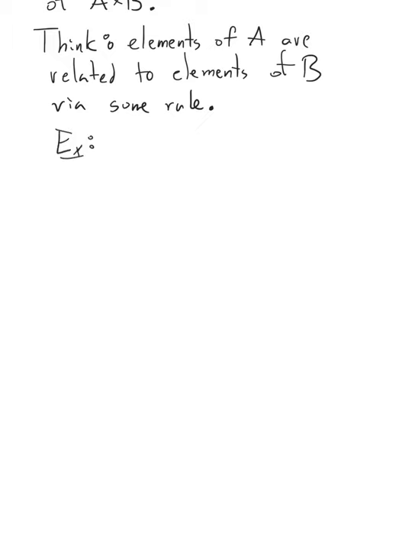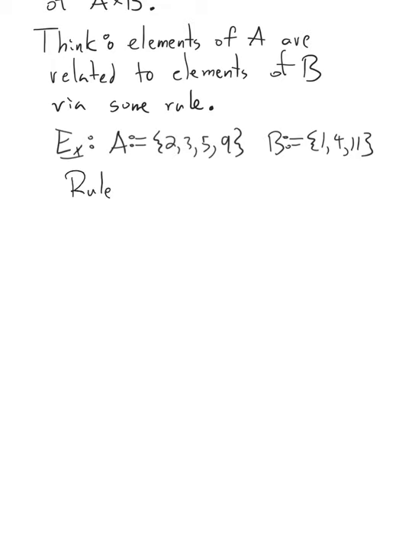All right, let's let A be the set 2, 3, 5, and 9. And let's let B be the set 1, 4, and 11. And the rule, let's call that rule or relation R. So I'm going to say A is related to B, and the way we write that, we just put an R because that's the name of our rule.